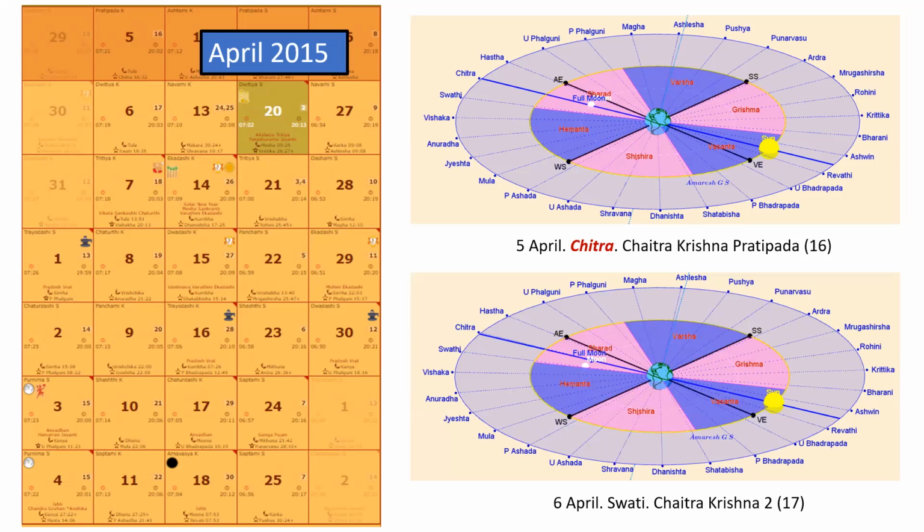6th April, the nakshatra changes from Chitra to Swati, and the Tithi changes to Chaitra Krishna Dvitiya or Chaitra Vadya Dvitiya. This is something very important, that all of us get comfortable with using certain terminologies interchangeably.